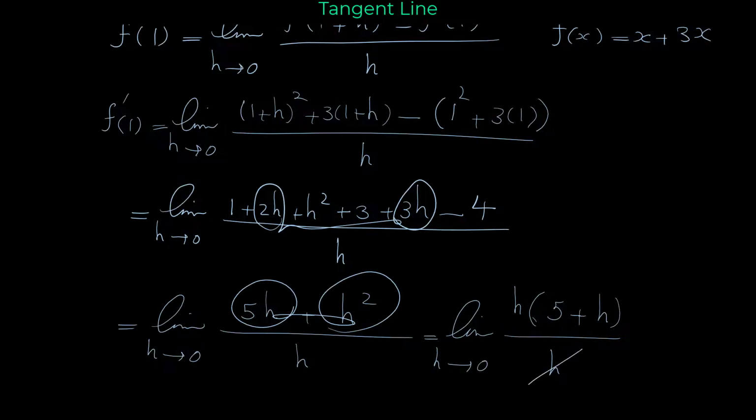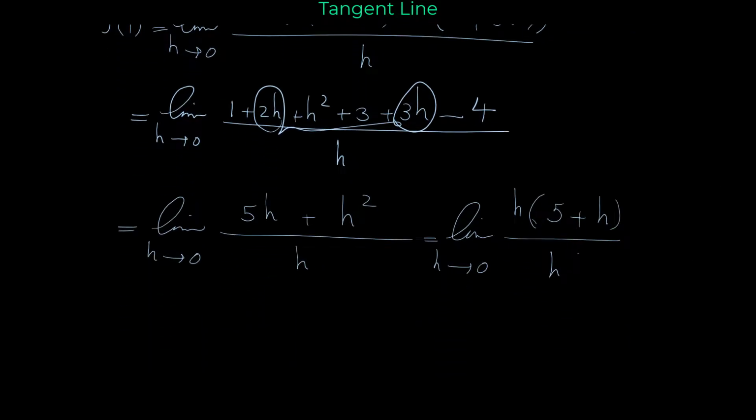If we cancel the h from the numerator with the h from the denominator, we get the limit of 5 plus h as h approaches 0. And if we substitute 0 for h, the limit equals 5.